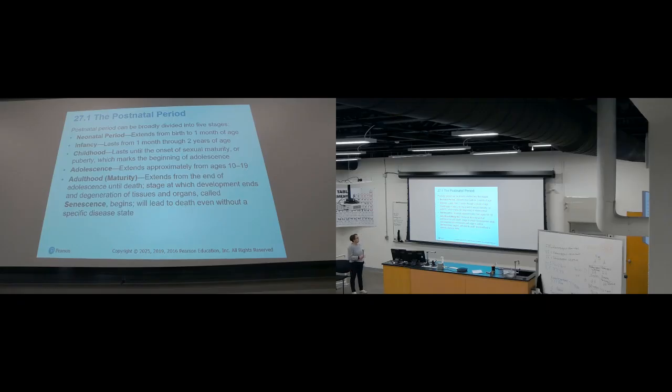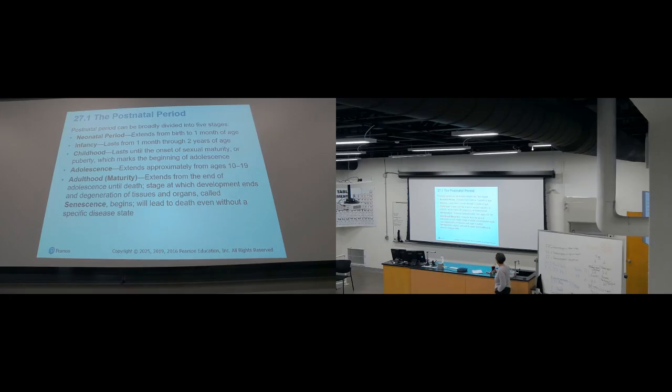Okay, so then here we have the stages of postnatal development. So we have the neonatal period that goes from birth to the first month of age. Then we have infancy, which is the first 2 years of life after the first month. And then childhood, which lasts from 2 years up to puberty.